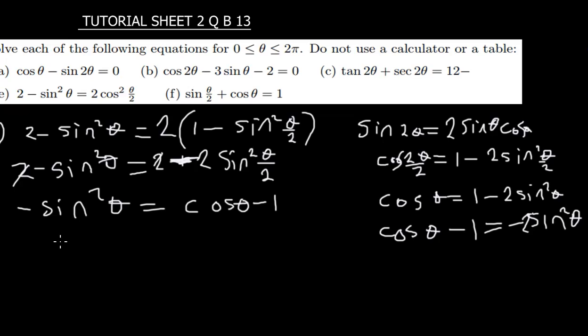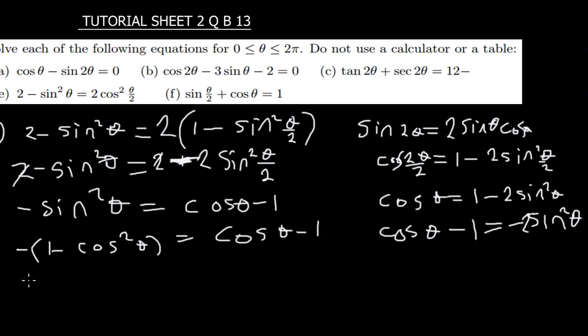So sine squared theta into cos is just the same as, I've written this negative outside, that's the same as 1 minus cos squared theta, and then is equal to cos theta minus 1.